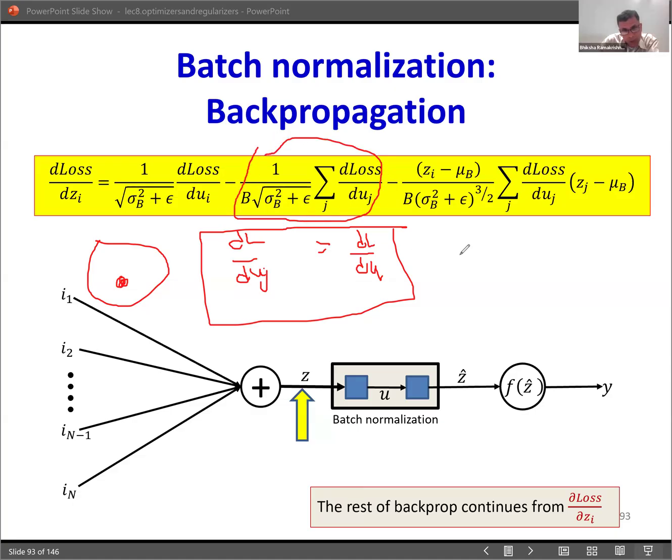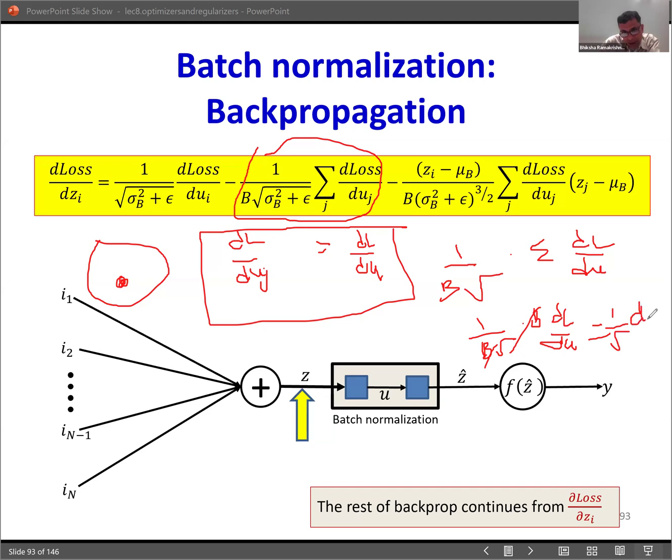The second term becomes 1 over b square root of whatever, times the summation of dl over du, where dl over du doesn't really depend on the index. This is 1 over b square root of sigma squared, times b times dl over du. So this b and this b will cancel out. And so this is simply going to be 1 over square root of sigma squared times dl over du, right? That's what happens to the second term.